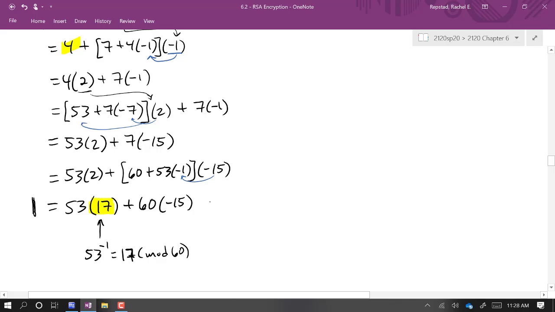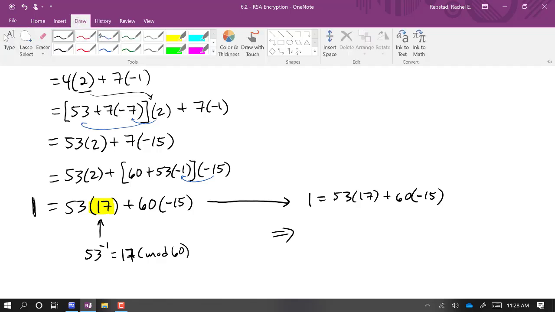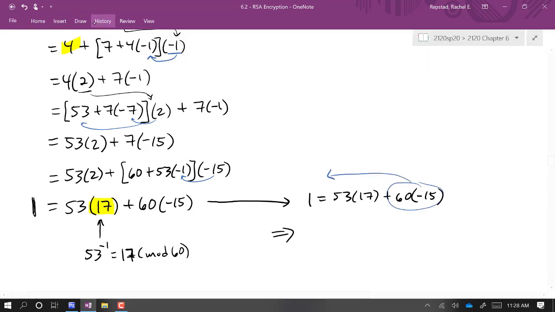And here's why. I'm going to rewrite this equation, right? So 1 is 53 times 17 plus 60 times negative 15. And that means if I rearrange this by moving this stuff to that side and write the equation in the other order, 53 times 17 is equal to 60 times positive 15 plus 1.